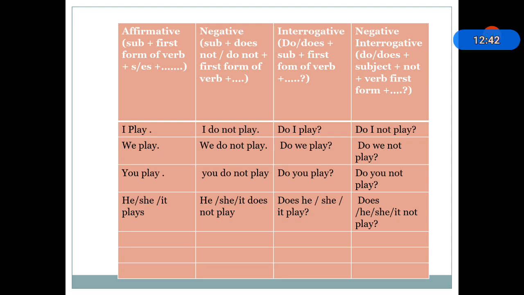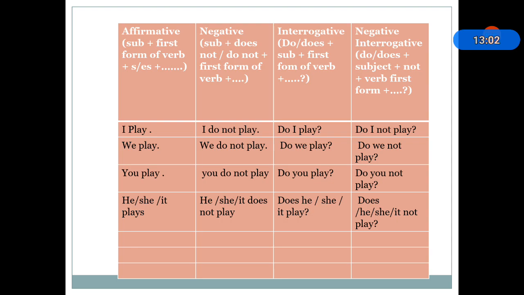Now see the negative sentences. The rule for the simple present tense in a negative sentence is subject plus does not or do not plus first form of verb plus object.